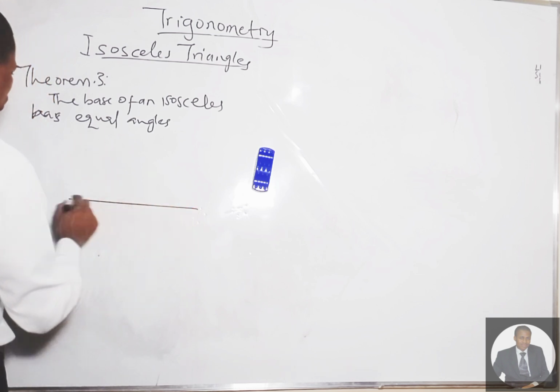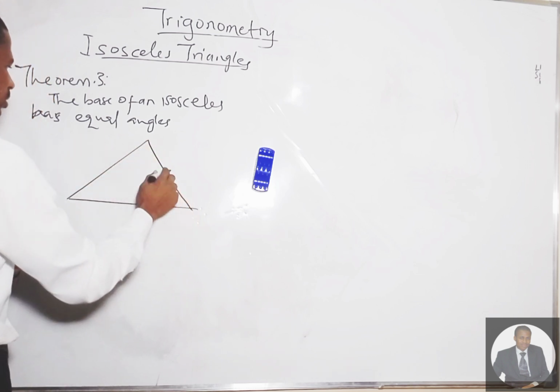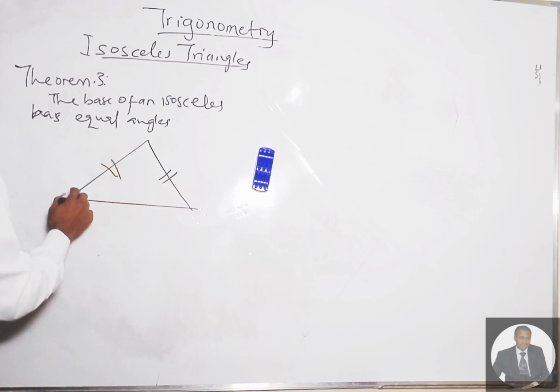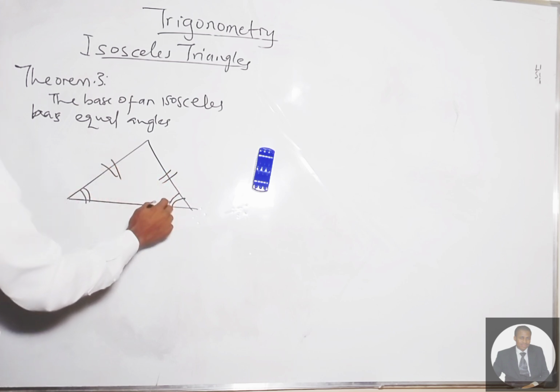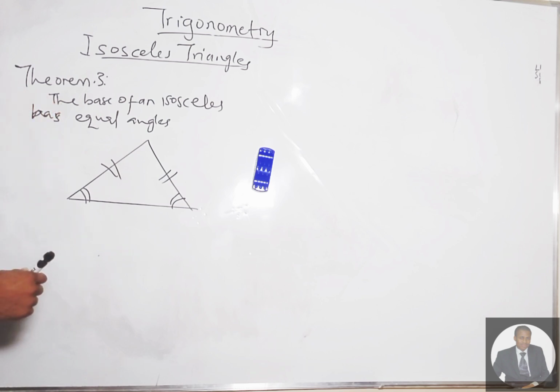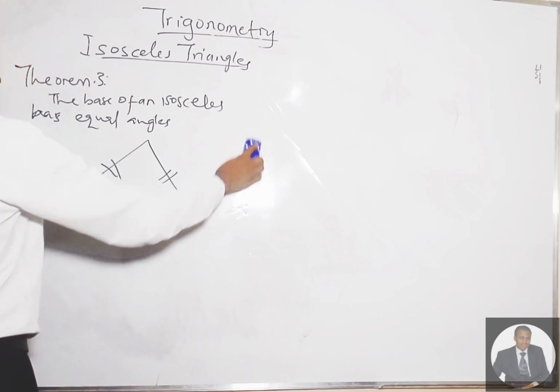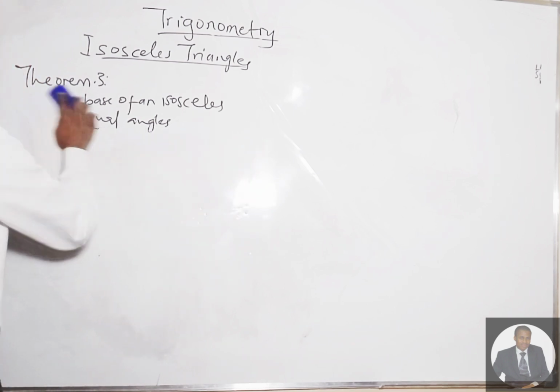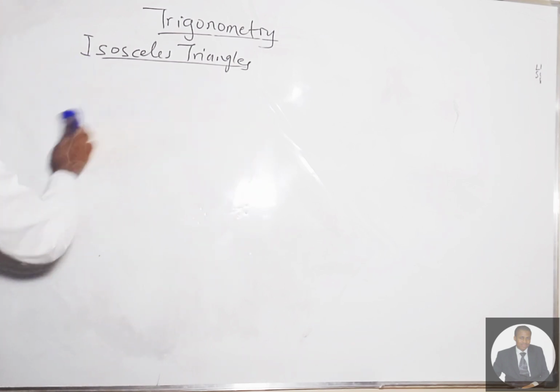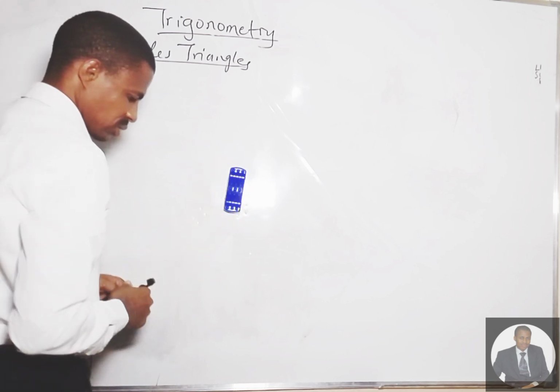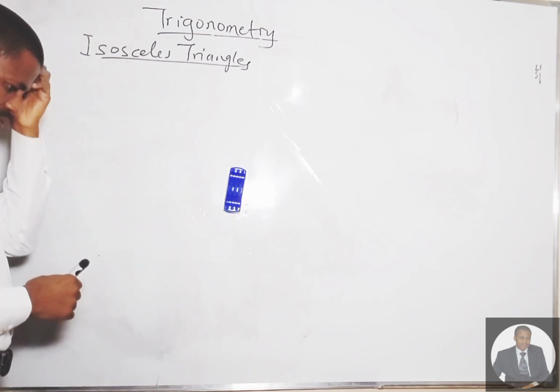This is an isosceles triangle, for instance. The base angles are equal. So that's what this theorem is talking about. Let's look at some questions that relate to isosceles triangles.